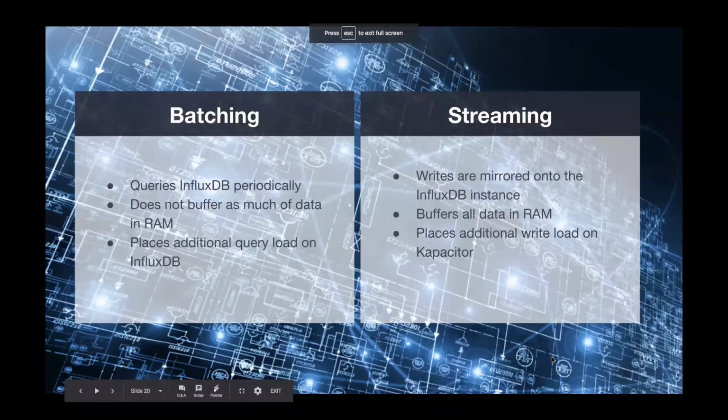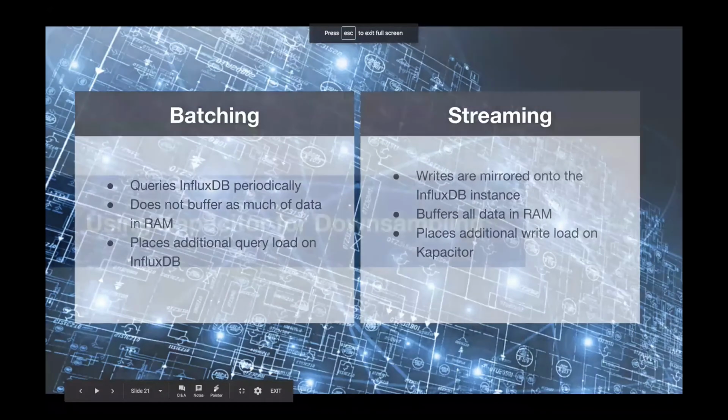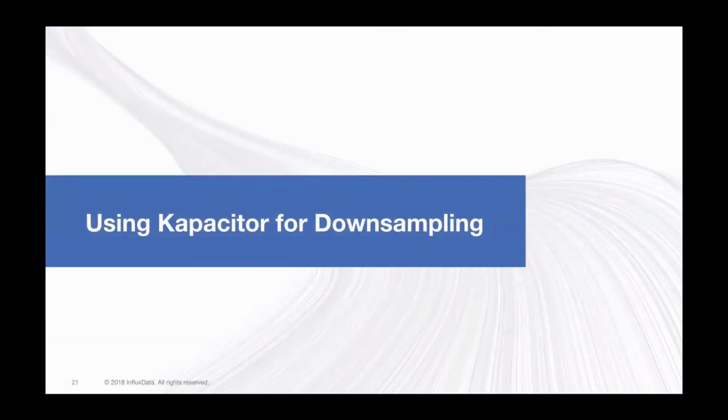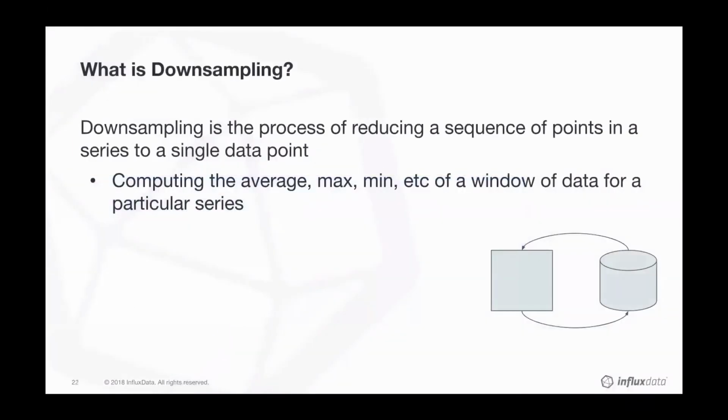Okay, so let's talk a little bit more about Kapacitor for downsampling purposes. So as I said before, with time series data, you're getting it in very high volume. So after it becomes no longer relevant, you need to downsample that data. You need to cut it down and just retain more of an overview snapshot of it. So there's actually a great blog by another developer advocate at InfluxData, Katie Farmer.